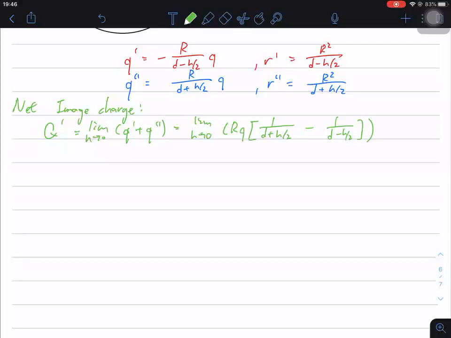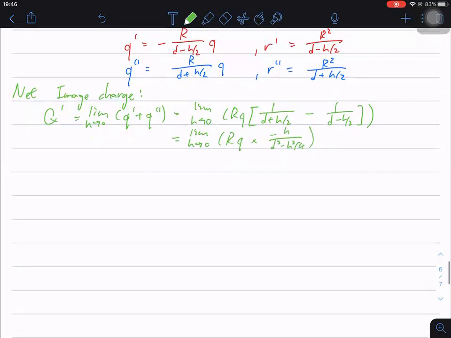So we have to calculate the difference of these two fractions. And then after some steps, you can obtain this form, and Q times H is the dipole moment P. So what we have is minus RP over D squared minus H squared over 4.